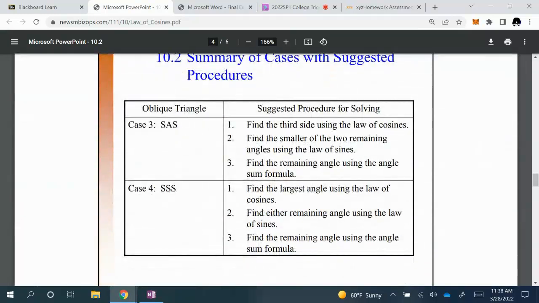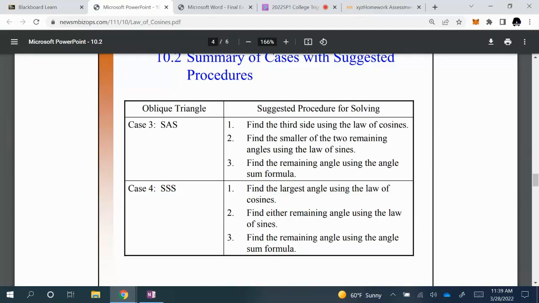All right, so now here's where we come to the use of the law of cosines. Case number 3 says if you're given a side side side set of measurements, the first thing you should do is find the third side using the law of cosines. The second thing you should do is find the smaller of the 2 remaining angles first by using the law of sines.